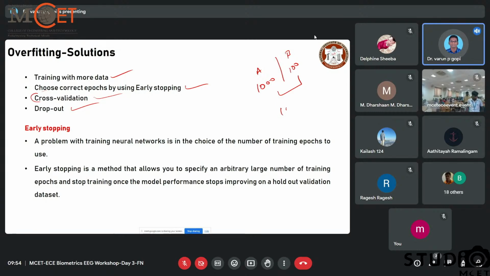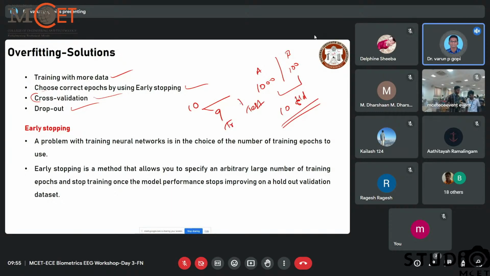In cross validation, generally we go for tenfold cross validation. In tenfold cross validation, we divide the entire data set into ten folds. That is, this 1,100 data set will be divided into ten folds with 110 in each. Then 9 out of 10 folds will be taken for training and 1 will be taken for testing.